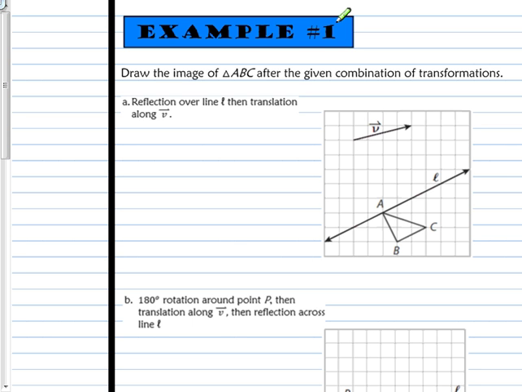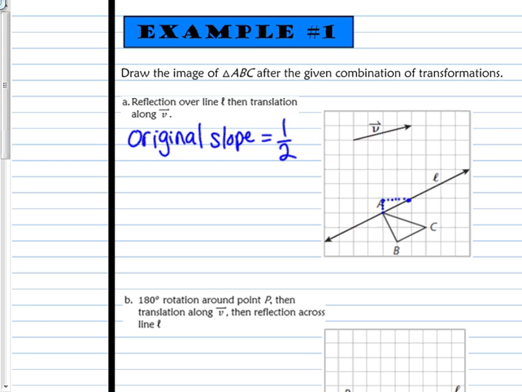So I'm here on point A, and slope is rise over run, so if I rise up 1 and I go over 2, here's another point on the line of reflection. So my original slope is 1 over 2. Now last lesson we talked about the slope of perpendicular lines.